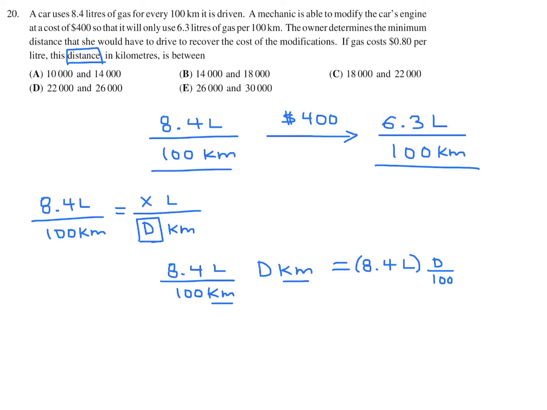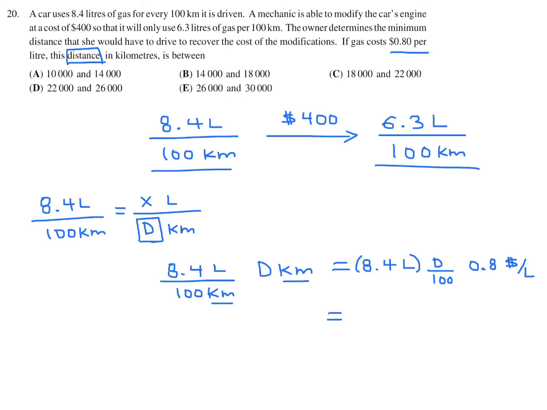But now I'm interested in the price, right? Because I have to figure out how can I recuperate $400. So I have to convert this now to a price using our cost. The cost is $0.8 per liter. All right?